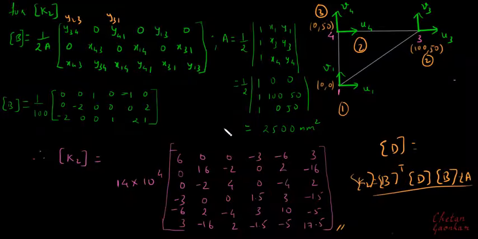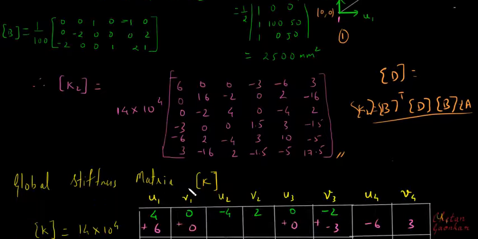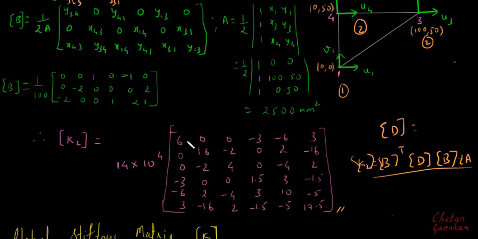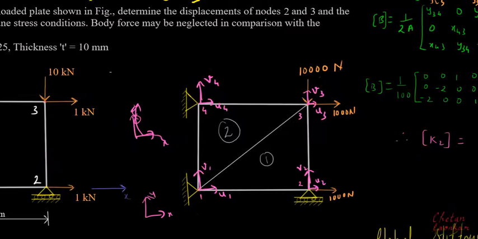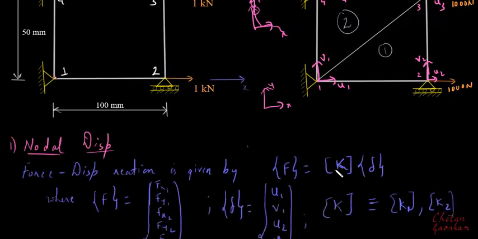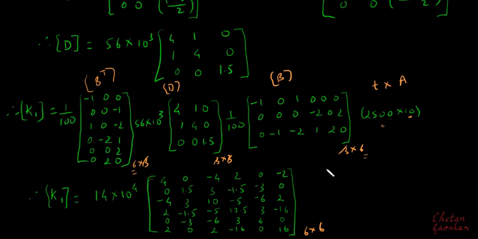And then once I get this, I will have to arrange this now. I will have to combine them to form the global stiffness matrix. Now before this, if you remember, we had derived this. We had come out with this as our stiffness matrix for the first element.